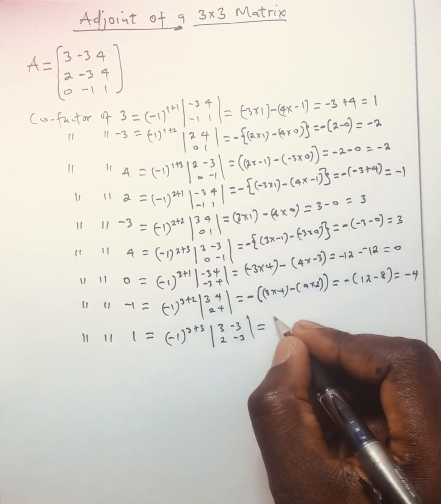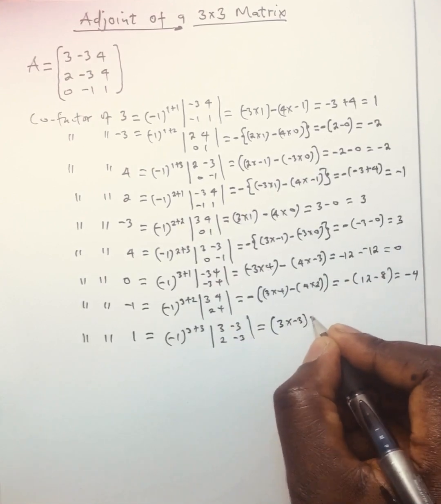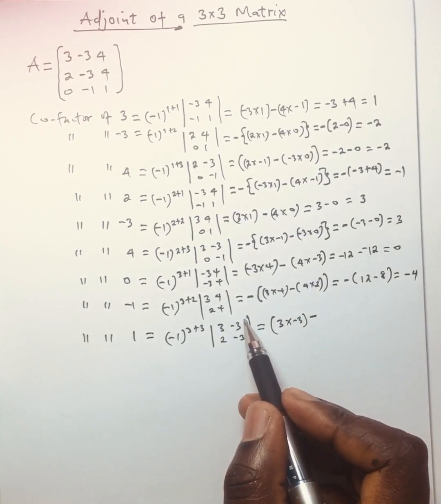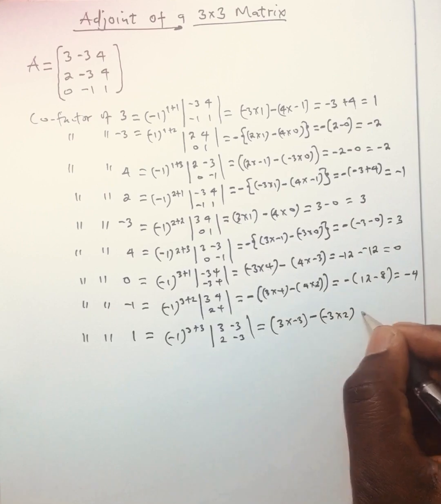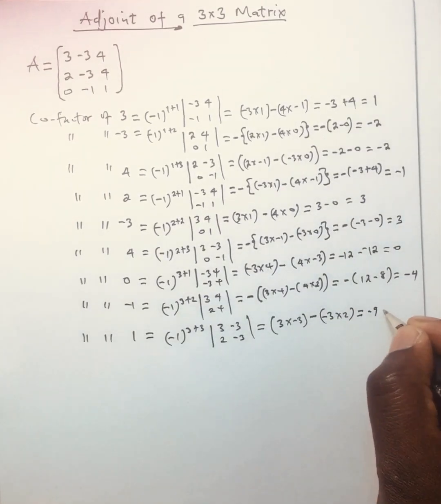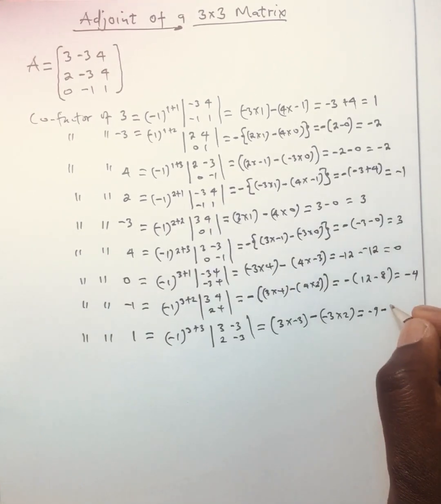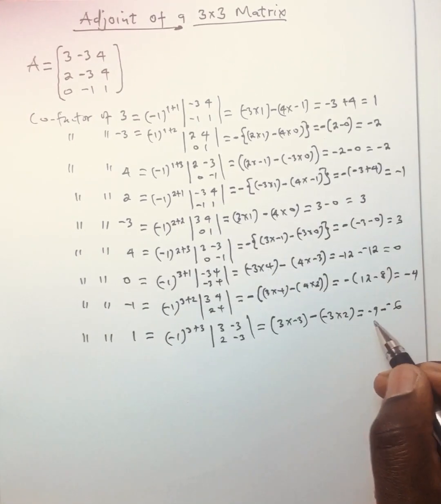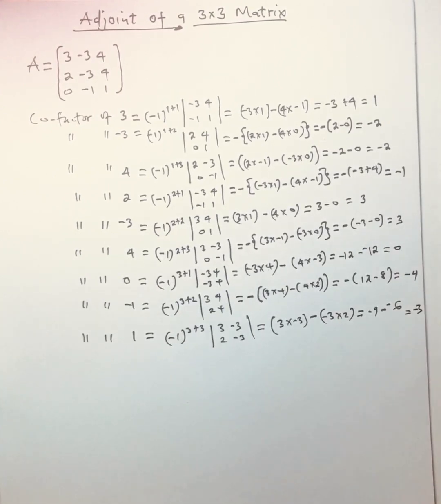So we are left with 3 times negative 3 minus negative 3 times 2, which is negative 9 minus negative 6. That is negative 9 plus 6, which is negative 3.